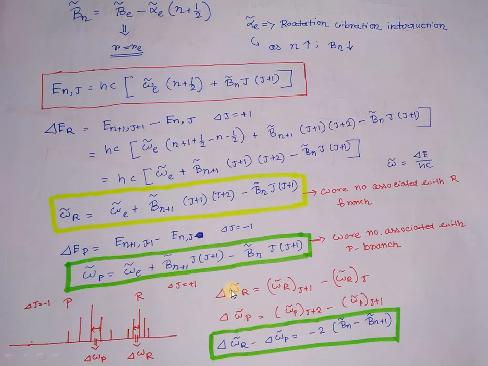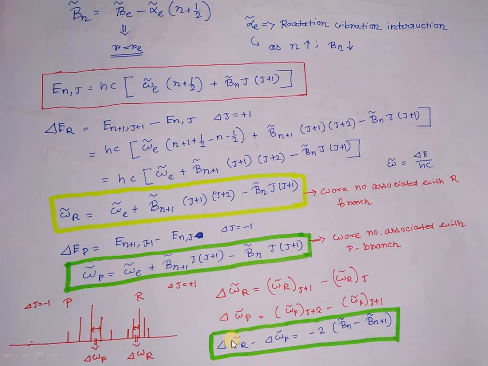If we subtract these two values, we finally come to this equation. I am not going to derive all those equations. You can test it at home, because we are not so bothered about the mathematics. We are more bothered about the outcomes of this mathematics.